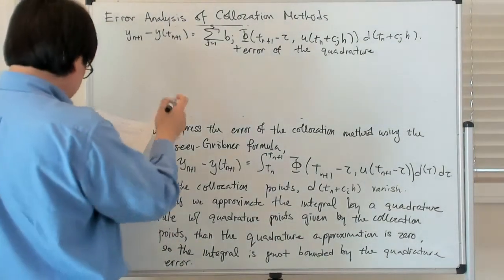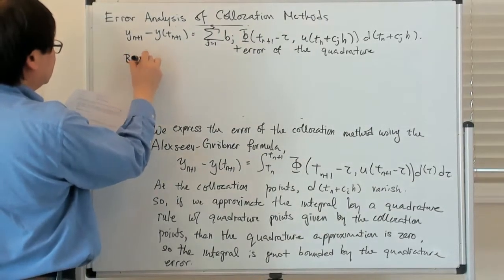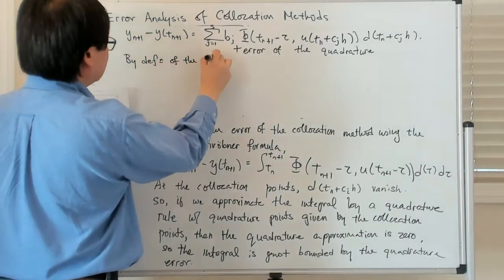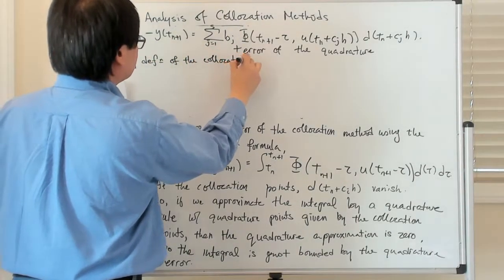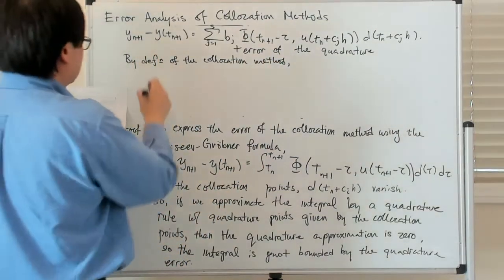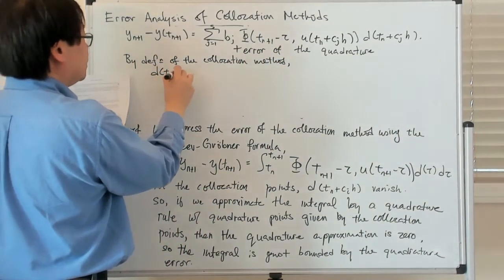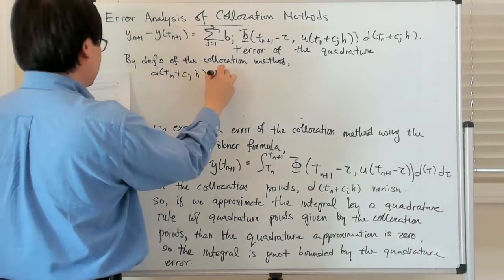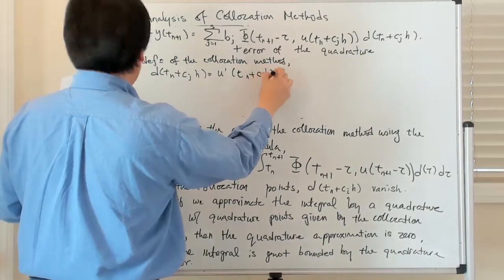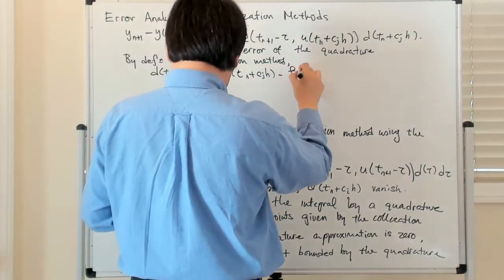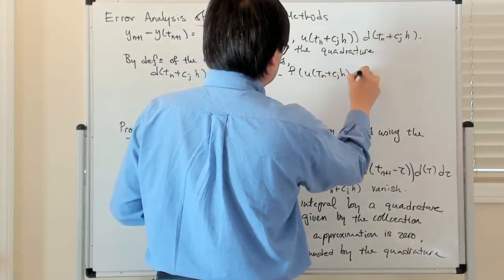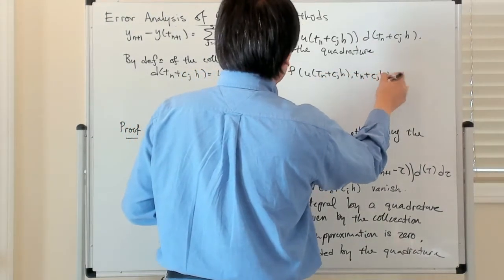But by definition of the collocation method, the defect d at t_n plus c_j h is equal to u prime at t_n plus c_j h minus f of t_n plus c_j h, u at t_n plus c_j h.